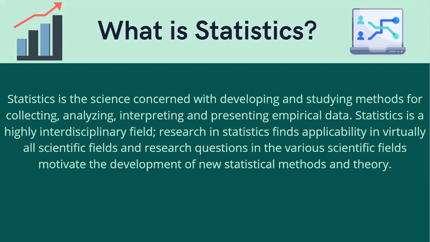Statistics is the science concerned with developing and studying methods for collecting, analyzing, interpreting, and presenting empirical data. Or in layman language, if you have data and you want to extract information, you want to analyze it, and based on the analysis from the data, you want to predict something, you want to make a report. So that is where statistics is needed.